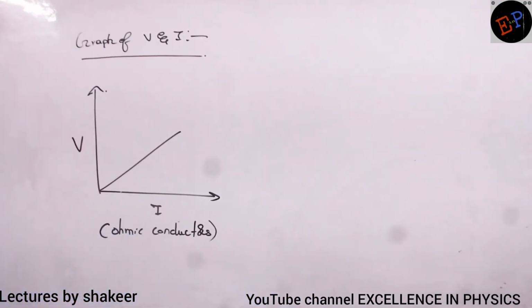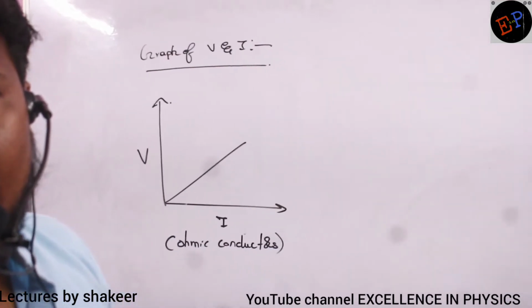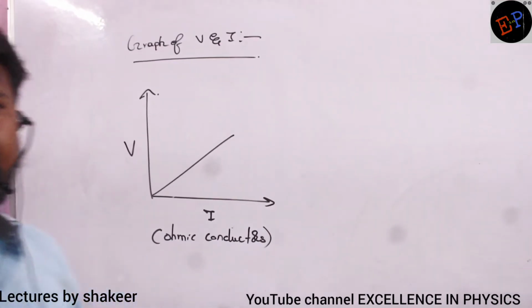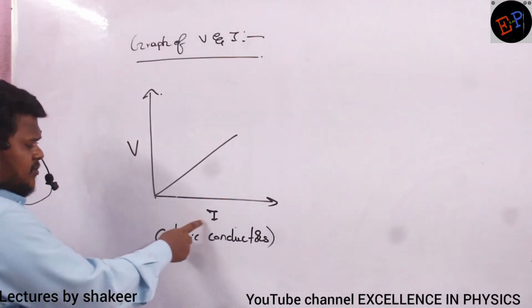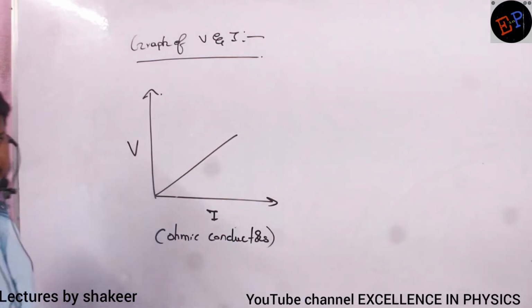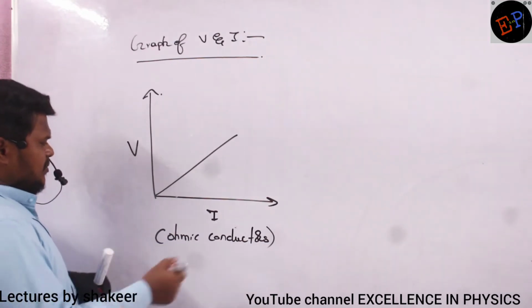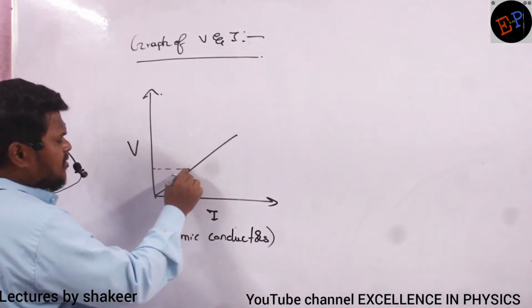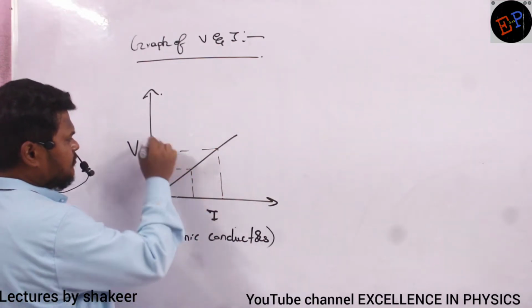If I want to draw a graph between voltage and current, then this is the type of graph which you will get. What is the meaning of this? It means that if voltage increases, current also increases.